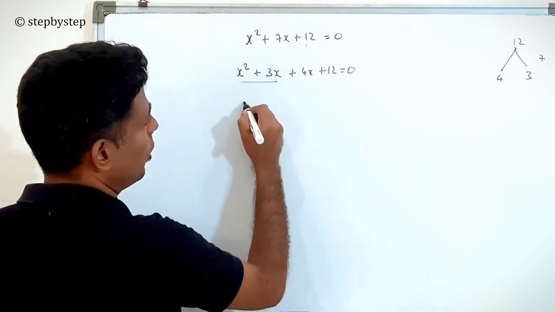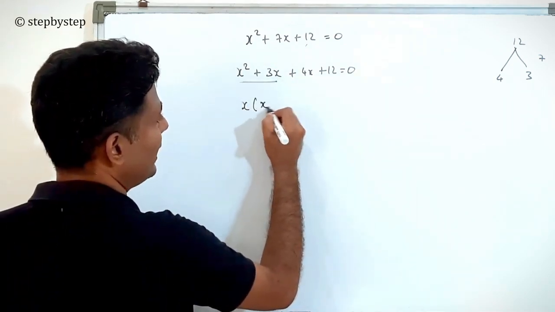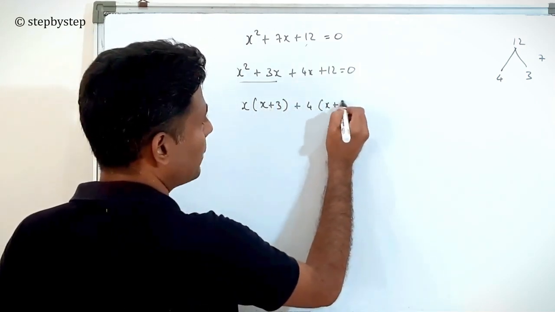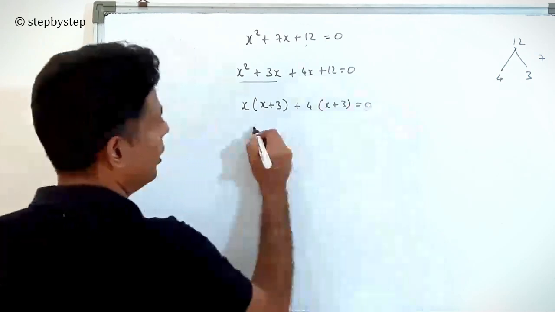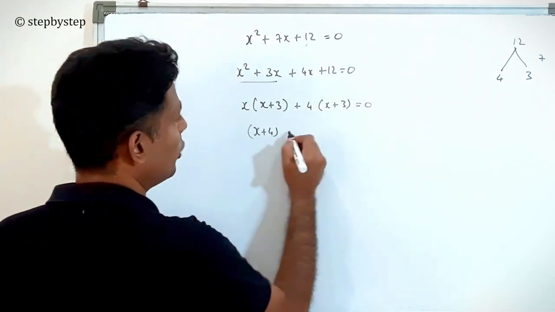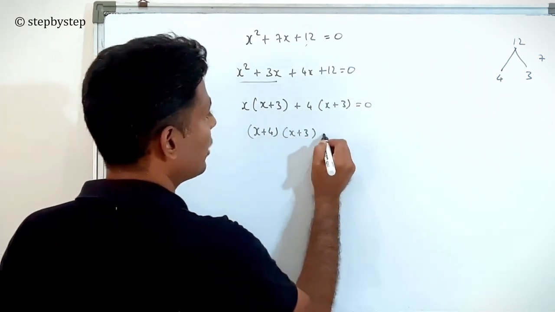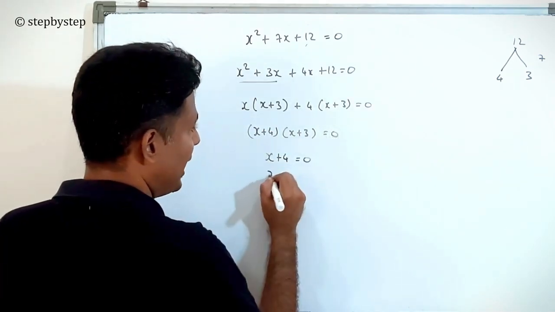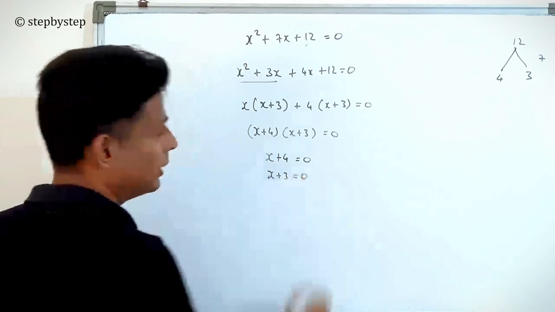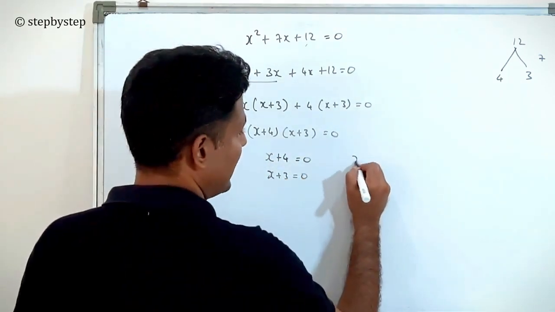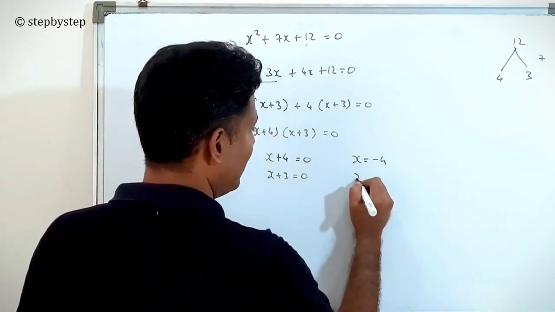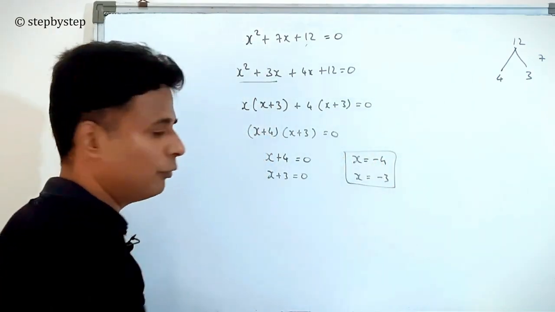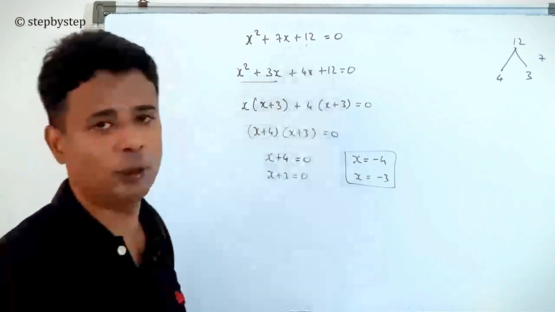So factorize these two, what is common? x is common, so I'll get x plus 3, plus here I'll get plus 4 and x plus 3 equal to 0, which means x plus 4 into x plus 3 equal to 0, which means x plus 4 equal to 0 and x plus 3 equal to 0, which means x equal to minus 4 and x equal to minus 3. Now we have found the two zeros of this polynomial.